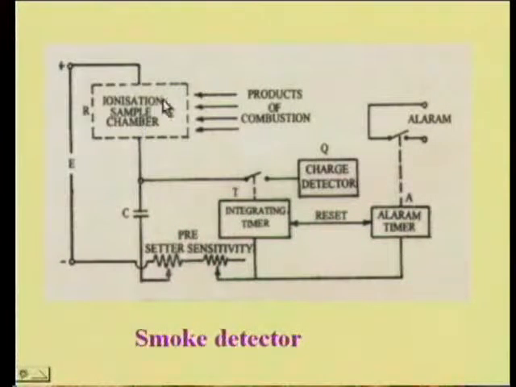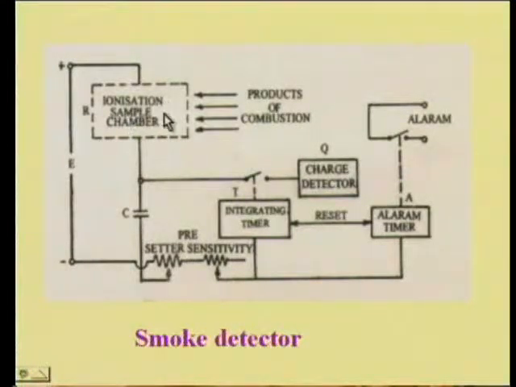Now here it has to detect. Let us see this particular figure. Here there is an ionization chamber. Here you see the products of combustion, and here the ionization chamber is there. Air is sent here and the air gets charged. We send air because when the air is charged, it can be measured electronically easily.